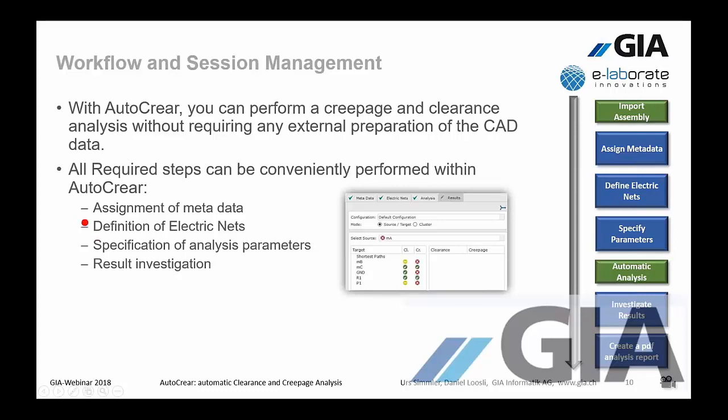Then we have to bring those components together to electrical nets, define the regulations and the distances, and in the end we do some post-processing, and finally we should also create a report of the work we did.